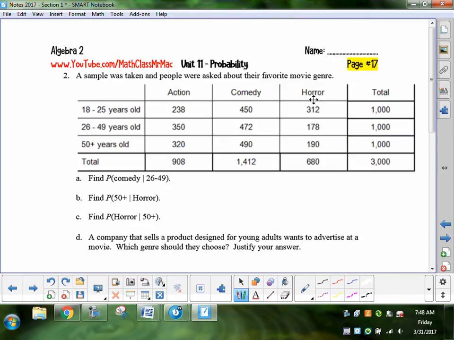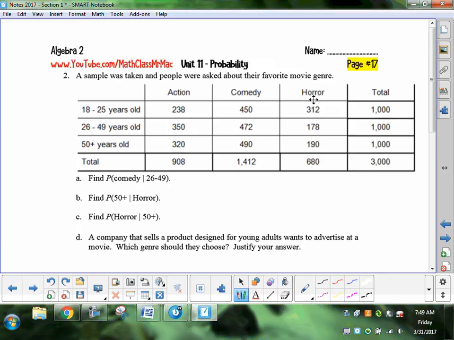Next one up. Look at that table there. Look at all of the stuff that we're talking about. Samples were taken about people's favorite movies. We need to find these different probabilities. Go through right now and try to figure out A, based off of what we did, and especially what that formula is.